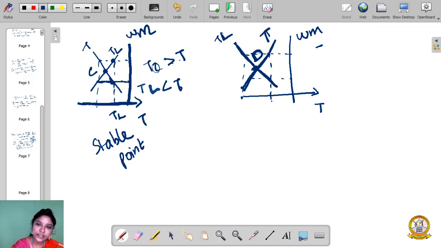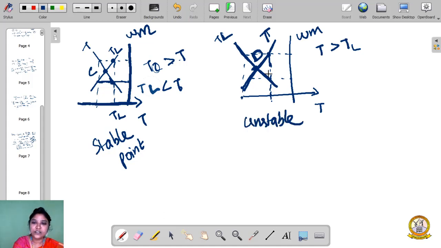If we increase the speed, the motor torque T is greater than TL. If the motor torque is more than the load torque, the speed keeps increasing and does not return to the point. It keeps increasing and moves to a new point. So this is unstable.